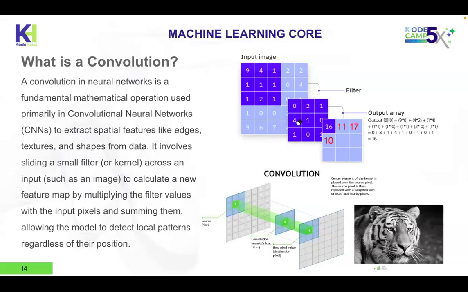There's a mathematical formula you can use to calculate it, based on the size of the input, the size of the filter, the padding, and the stride. Those are the 4 parameters you can use to calculate the size of the output. The size of the output is basically the number of times you are able to shift in the rightward and downward directions before you get to the edges.